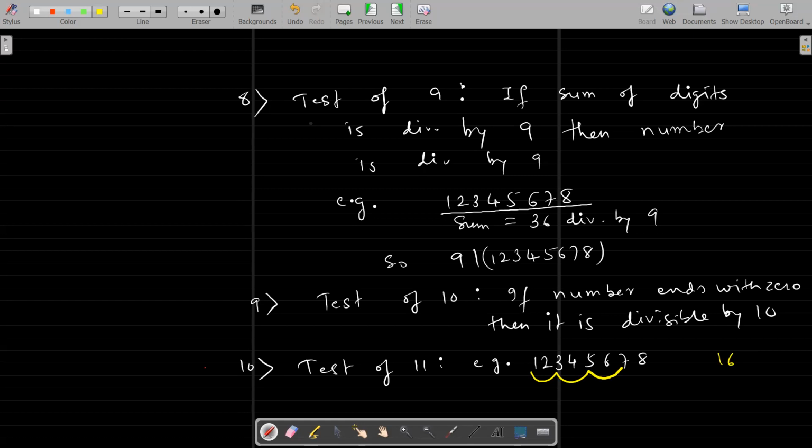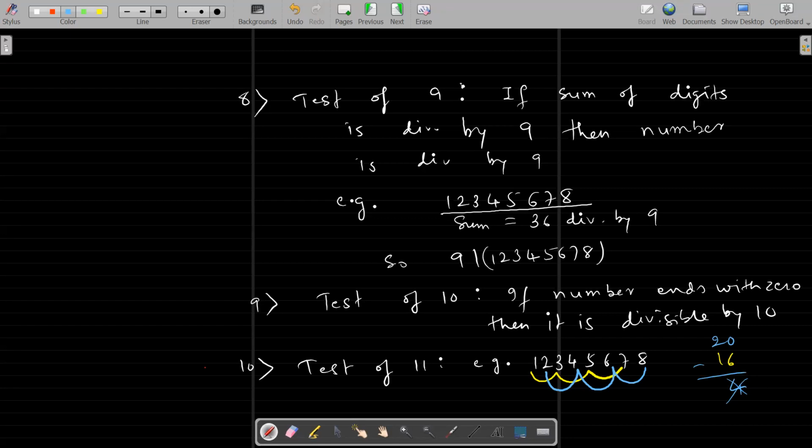And let's check all the other place digits. First digit 8 plus 6, 14, plus 4, 18, plus 2, 20. And this difference is 4. It's not a multiple of 11. So the number is not divisible by 11.